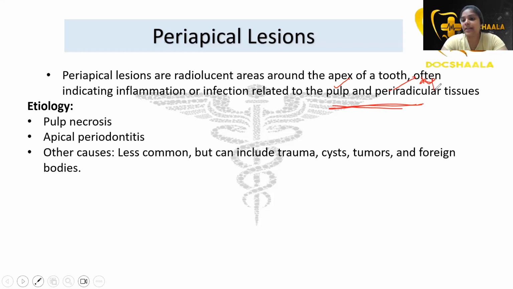Whenever you see a lesion like this in the apex, it is involved with pulp and periradicular tissues. So the etiology can be pulp necrosis, apical periodontitis, and sometimes trauma, cysts, tumors, and foreign bodies may also be associated with this. Okay, so this you have to remember.